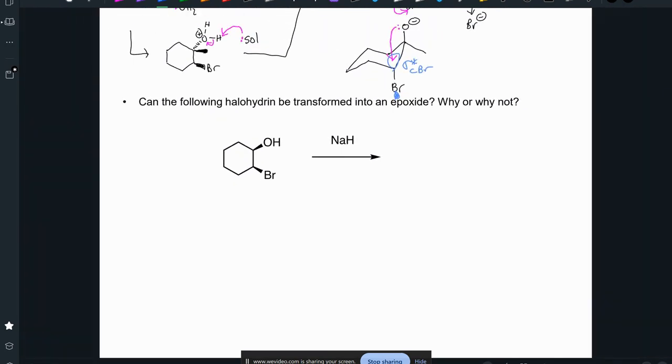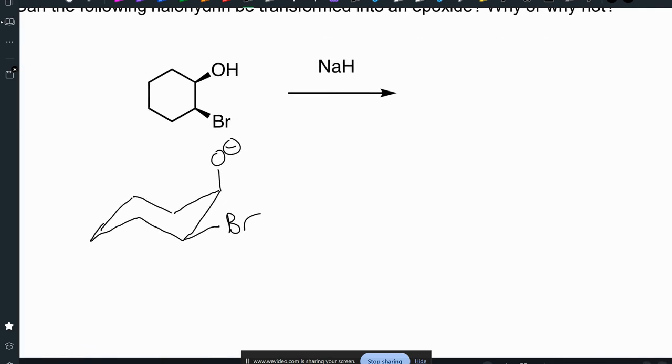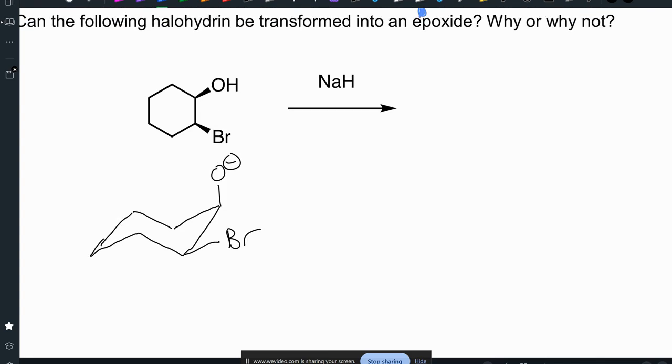If I imagine the halohydrin at the bottom here, practice for yourself drawing a chair for this one. Now I would have my alkoxide here, my bromine there in the equatorial position. Now sigma star C-Br is way over here. And there's no way for this to happen.